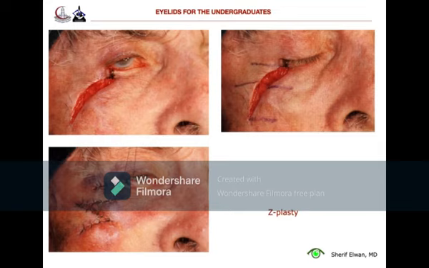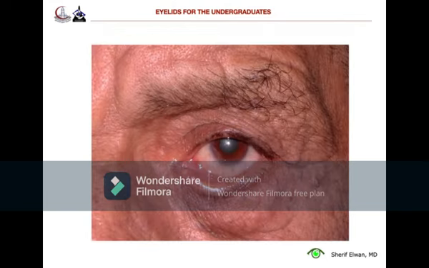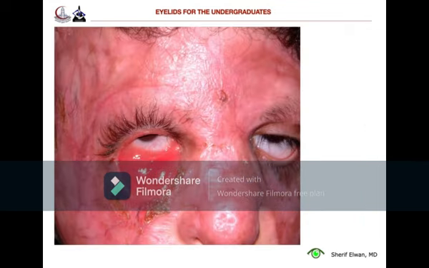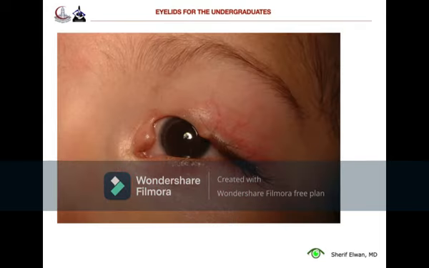This is scar which underwent Z-plasty where the lower lid was repositioned. This is a condition of treated lower ectropion at the punctum. And this is a severe case of burn that was treated by grafting.